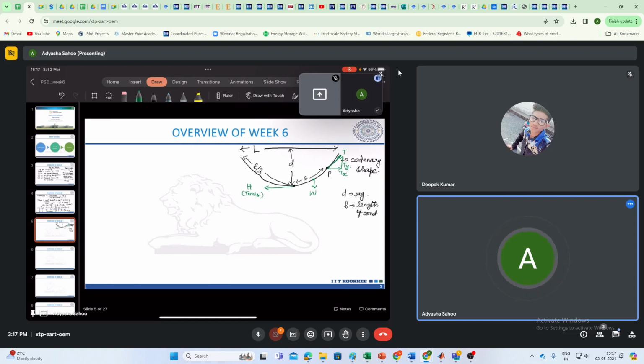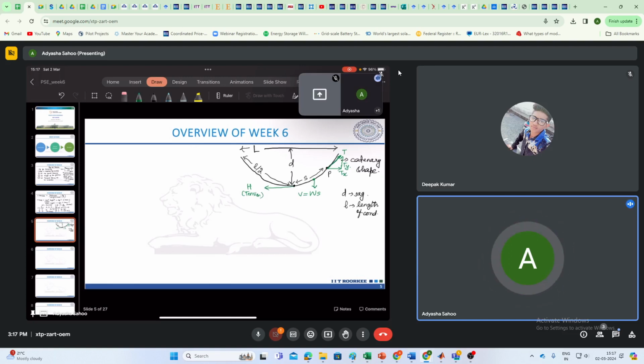So W times S. We consider that it is acting at the midpoint here, so basically S by 2, S by 2. So this is V, and this will be balancing out your vertical component, that is Ty.